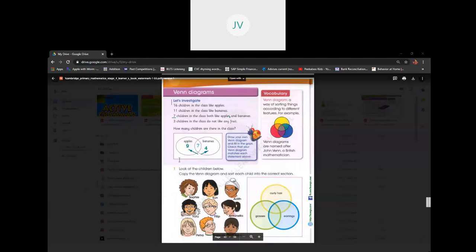Okay, so 3 is outside because 3 people didn't like any fruit. And then the 7's inside both of these because 7 people like both apples and bananas. So we're not going to think about the 3.